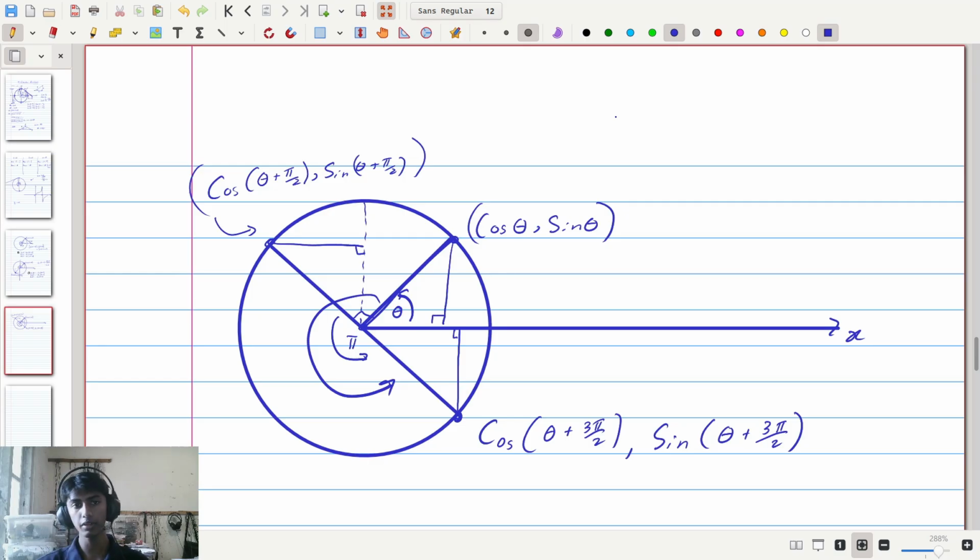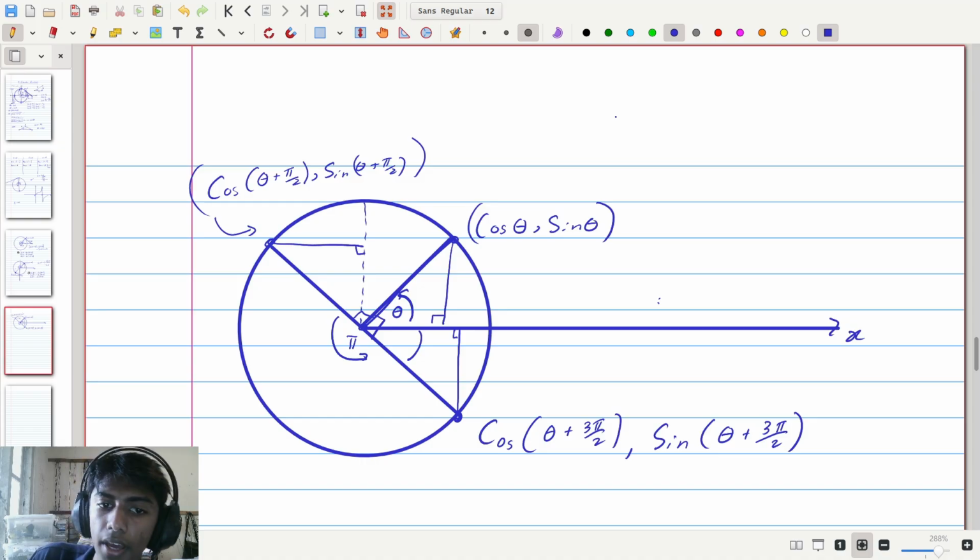Now, let's try and figure out what's happening here. If we consider this angle, since this is 90 degrees, we have theta plus some angle is equal to 90 degrees. So, this angle should be 90 degrees minus theta.